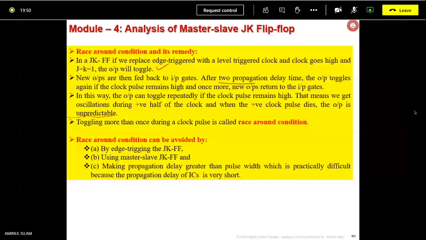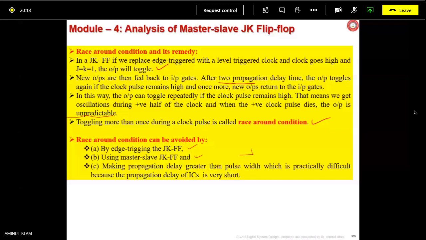Toggling more than once during a clock pulse is called the race around condition. Race around condition can be avoided by edge triggering the JK flip flop. Edge triggering means you can use a high pass filter as I have shown, using a master slave JK flip flop, and making propagation delay greater than the pulse width.